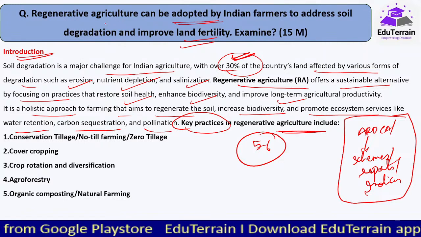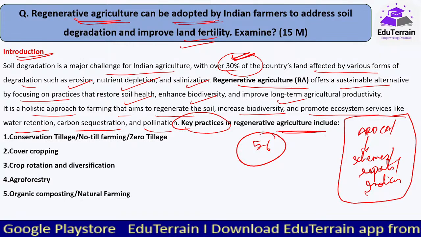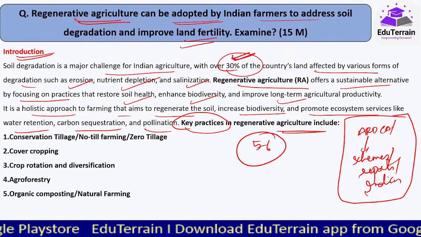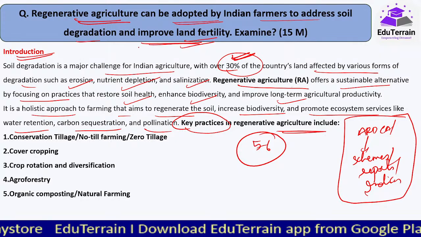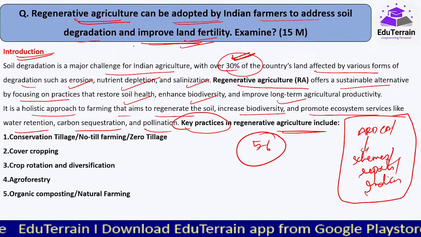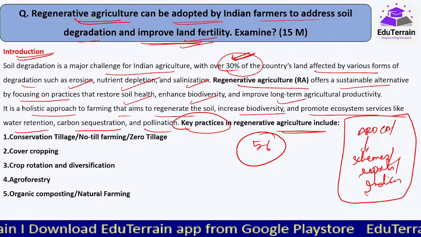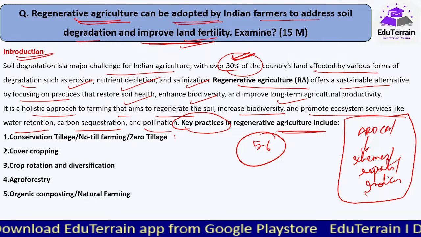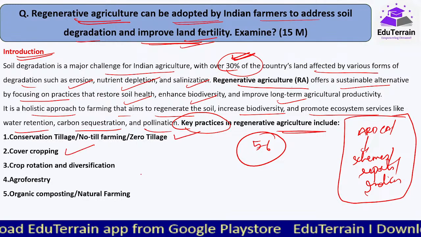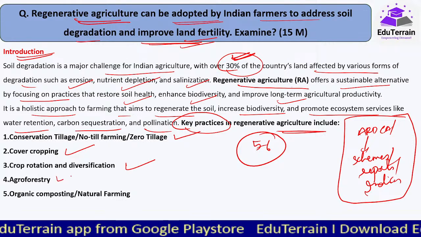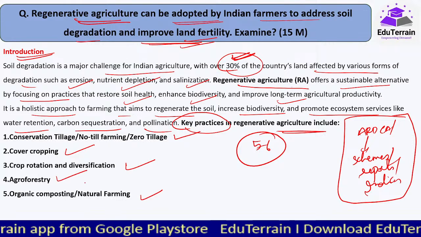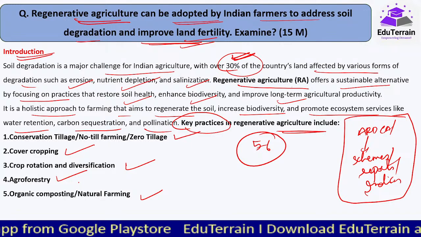The question was: regenerative agriculture can be adopted by Indian farmers to address soil degradation and improve land fertility. How? In what form? For that you highlight the principles or key practices like conservation tillage, cover cropping, crop rotation and diversification, agroforestry, organic composting, or organic farming or natural farming.